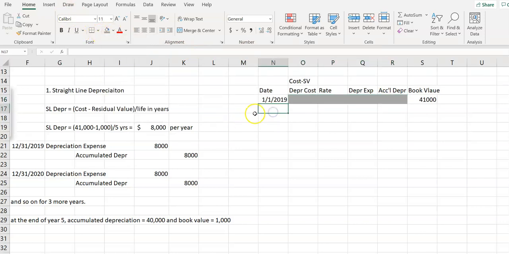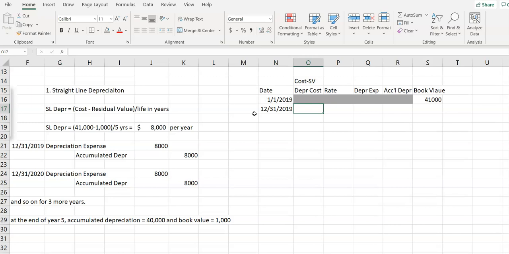Then at the end of the first year, my depreciable cost is the $41,000 minus the $1,000 salvage value. And my depreciable cost stays the same the whole 5 years. My rate, I'm dividing by 5. It's a 5-year life. So in this case, my rate is 1/5.